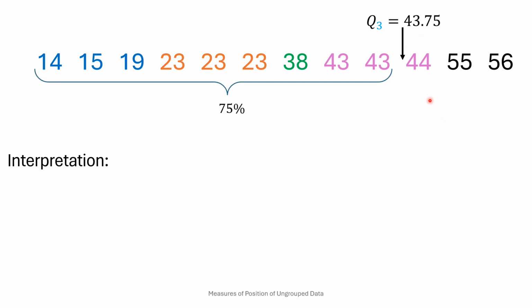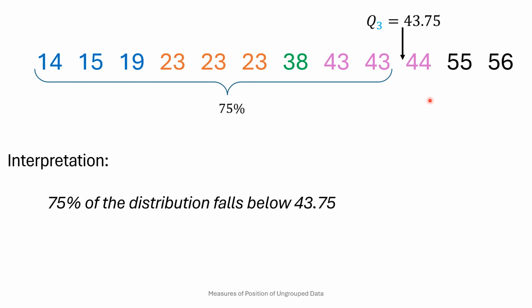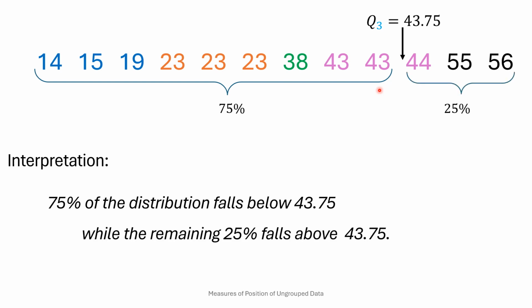This means that 75% of the distribution falls below 43.75, or we can say that there are 9 values that belong to the 75% below 43.75, and the remaining 25% falls above 43.75.